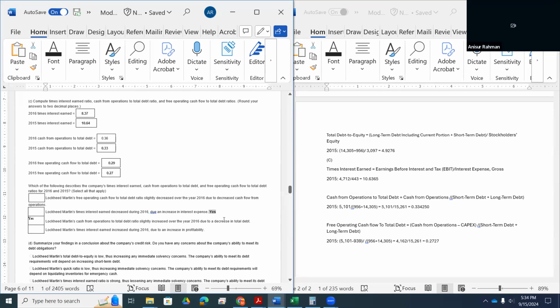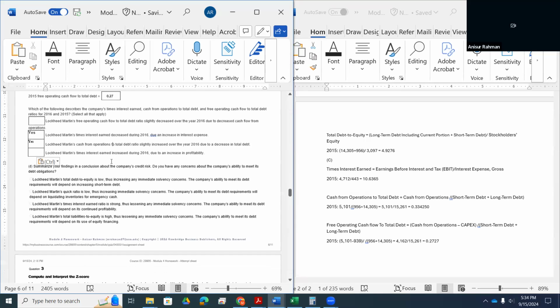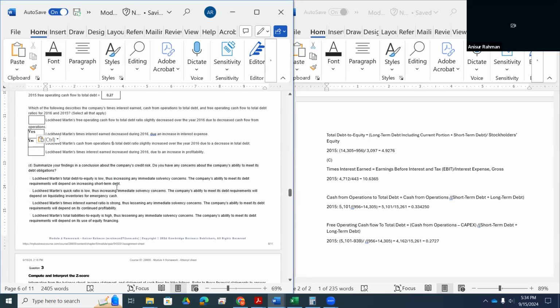I'll cut paste this yes in here. Okay. Now summarize your findings in a conclusion about the company's credit risk. Do you have any concerns about the company's ability to meet its debt obligations?